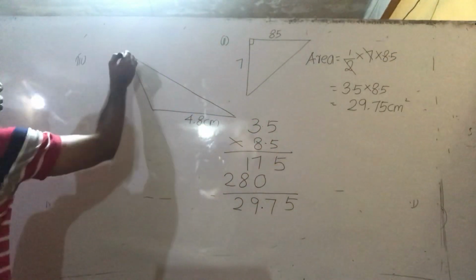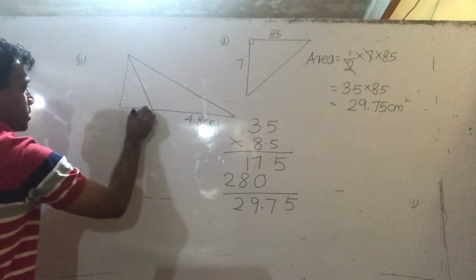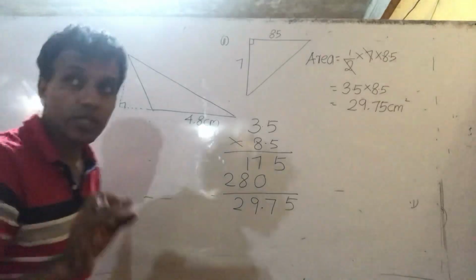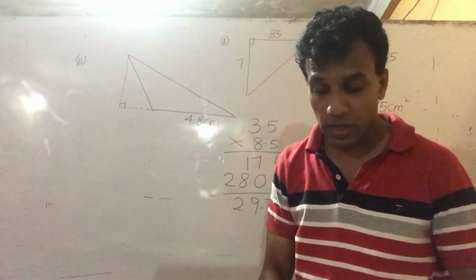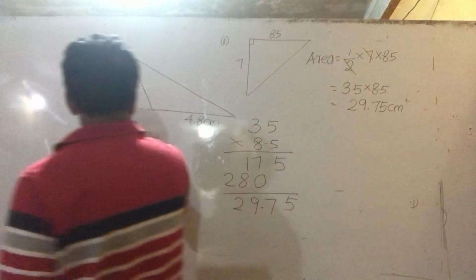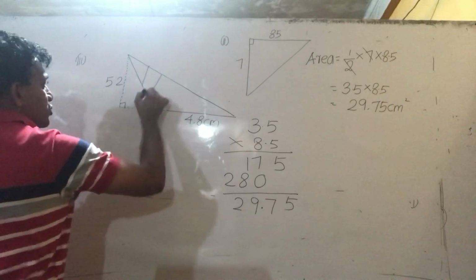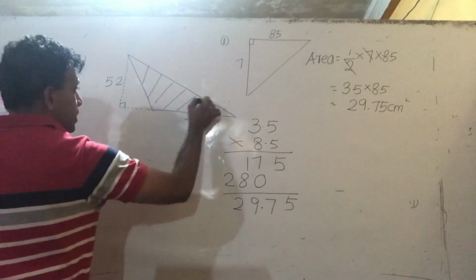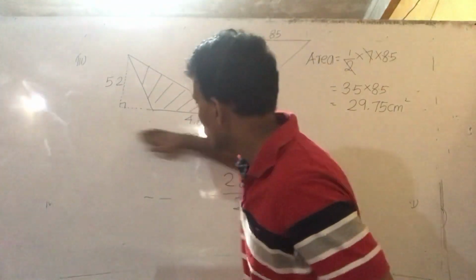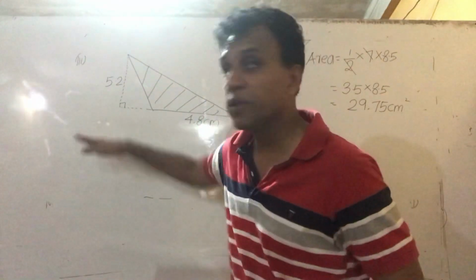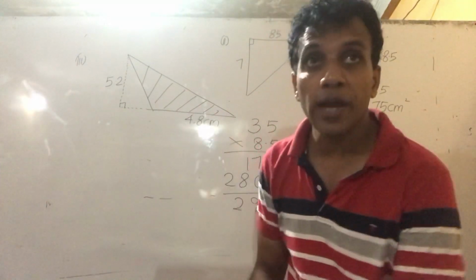And here they show the height as a dotted line, because as I said earlier, for an obtuse angle triangle the height becomes outside the triangle, marked as 5.2. So we have to find the area of this triangle, not the big one. You can't find the biggest area, because we don't know the complete base. Only this triangle. So write the formula and calculate it.